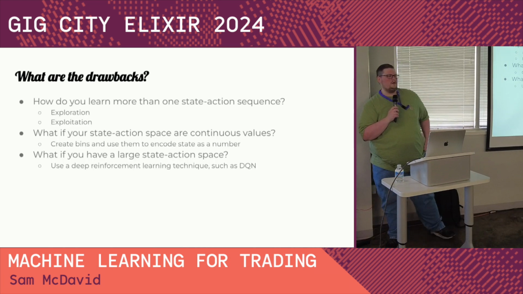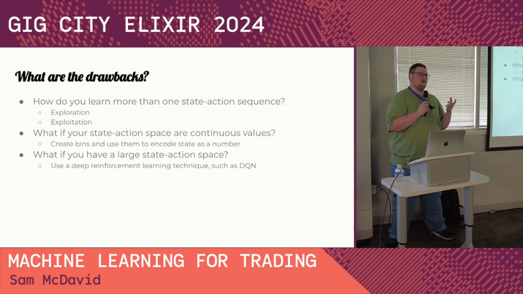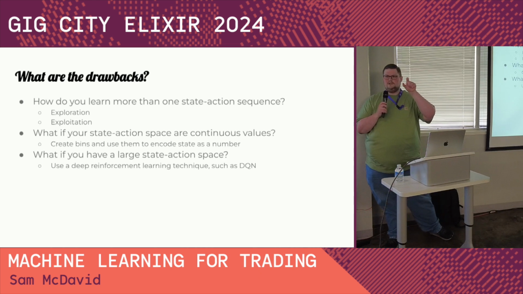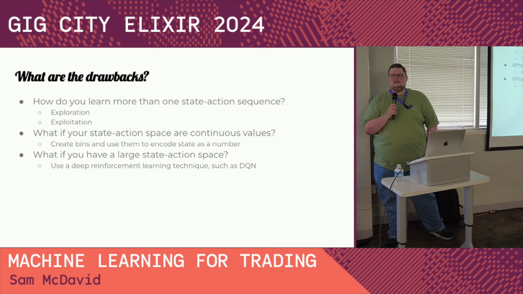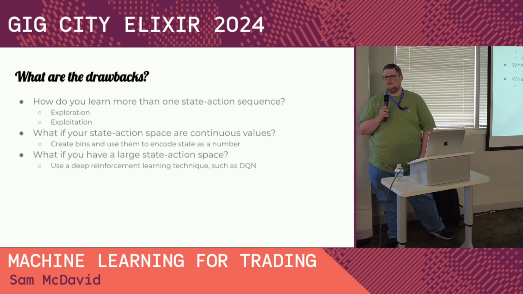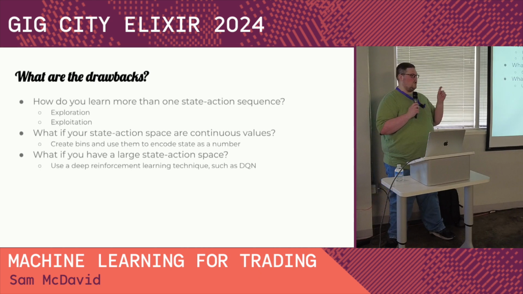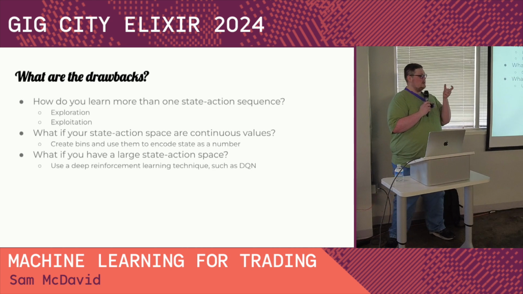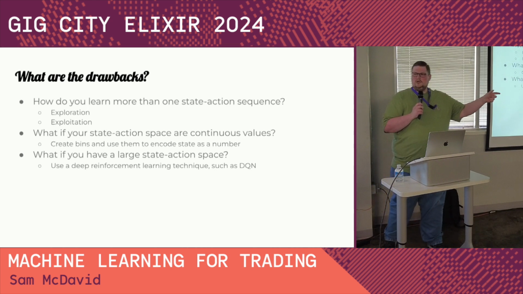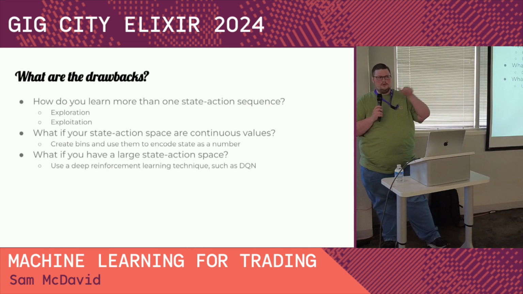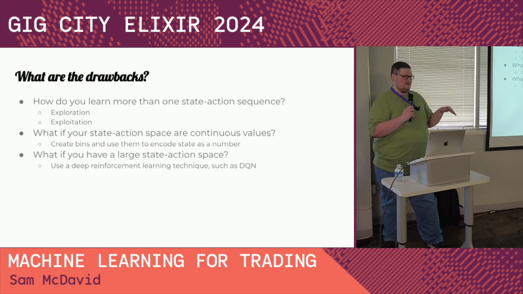If you start at episode 0 and you perform an action and go through that entire episode, then at the next episode, if you always take the greedy approach, you will continue to select that action if it was a good action, and you won't learn another path through the environment.